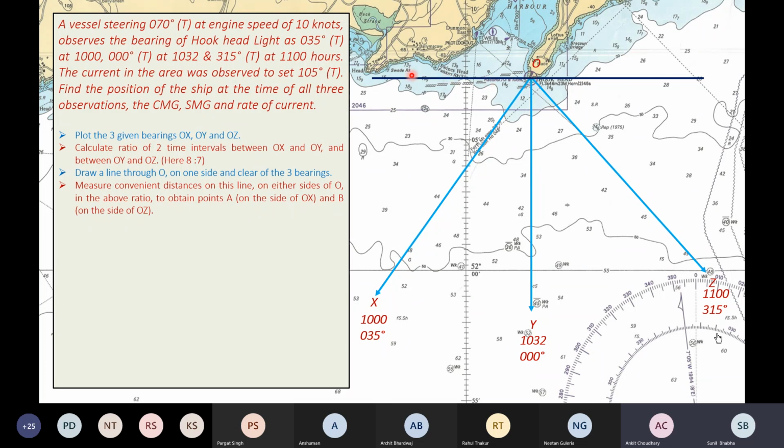Now on this line, which we have just now drawn, passing from the lighthouse, we have to measure convenient distances on either side of the object, on either side of Hook Head light or either side of O. The distances should be measured or marked in the same ratio that we obtained between the first and second bearing and the second and third bearing.